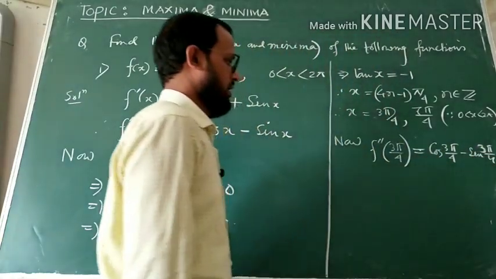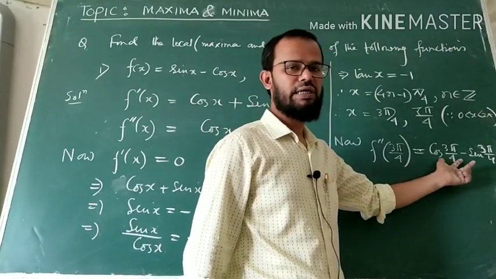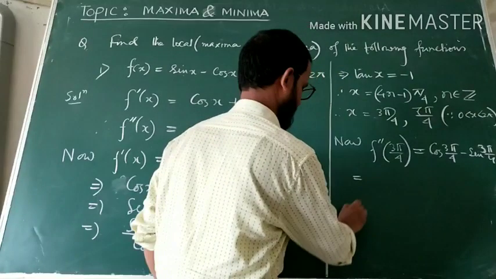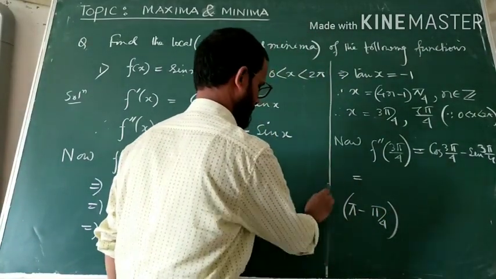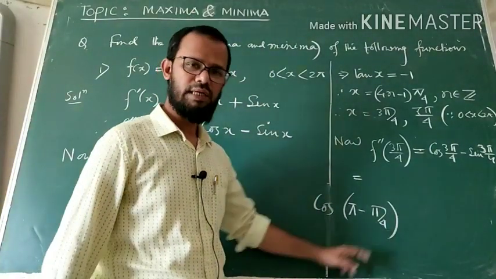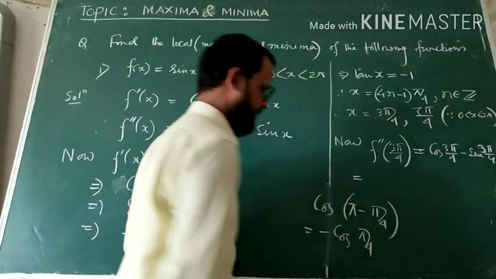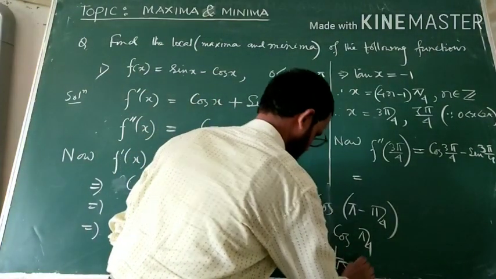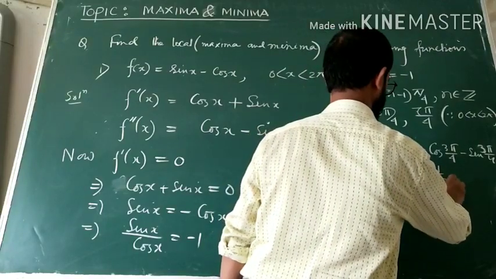Now this is calculated using the quadrant rule. 3 pi by 4 is pi minus pi by 4. For cos, you can apply the formula cos(pi minus theta) equal to minus cos theta. It is minus cos pi by 4, and the answer is minus 1 by root 2.